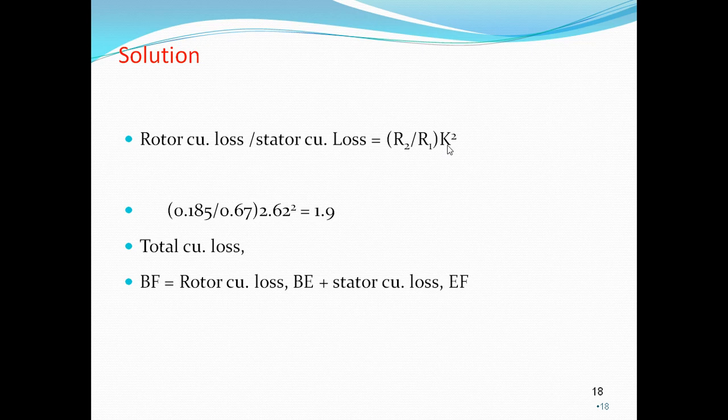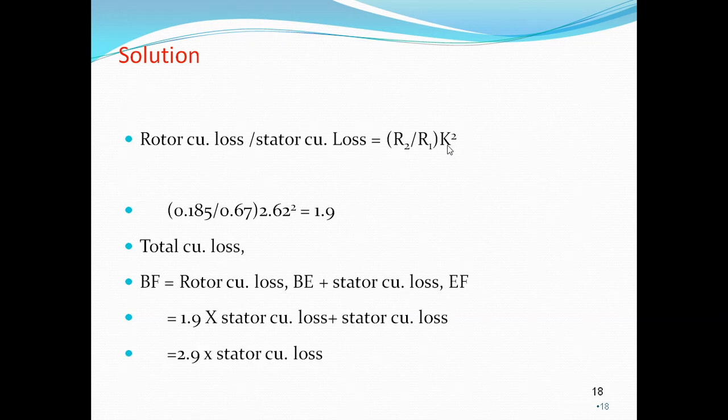So the total copper losses BF is the rotor copper losses BE plus the stator copper losses EF. So that is equal to 1.9 into stator copper losses plus rotor copper losses, which is nothing but 2.9 into stator copper losses.